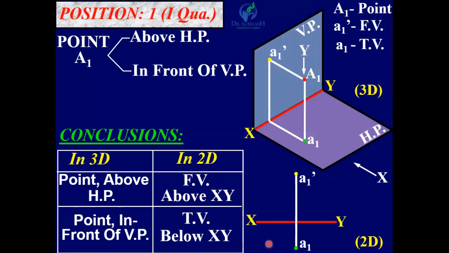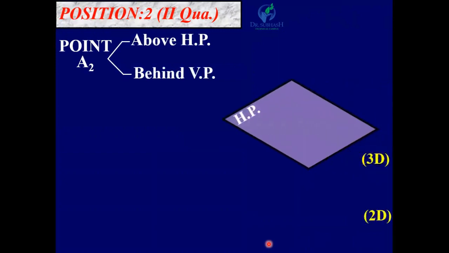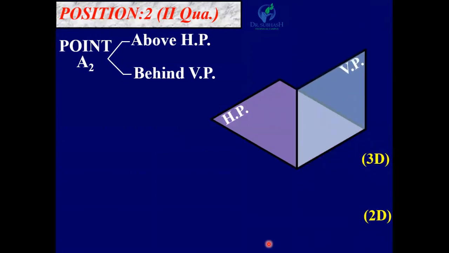Now let us see the next position. Position 2, second quadrant. So point A2 is above HP and behind VP. First of all, in three-dimensional, HP and VP, the intersection line is XY. Here in two-dimensional, XY. Now you can see this point A2, which is above HP and behind VP.